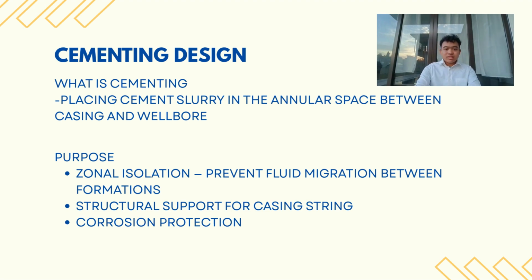For each casing string, we calculate the same four things. The first one is slurry volume, the second is sacks of cement, the third is water volume, and the fourth is the pumping time. Now let's go to the calculation part.